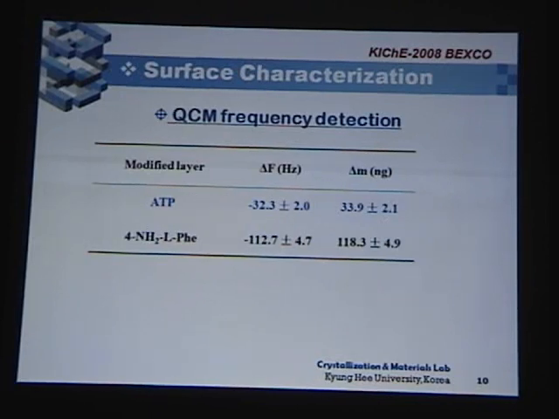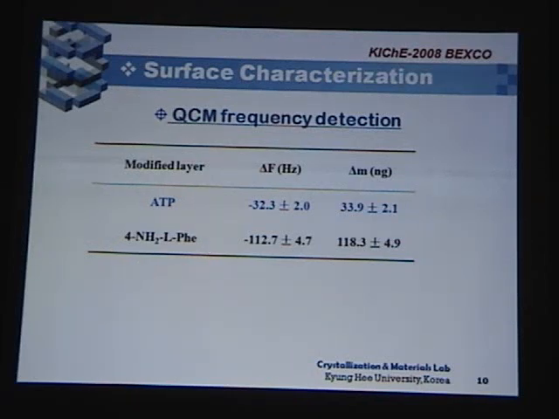The modification of the QCM sensor surface was characterized by several methods. This is the QCM frequency detection results. From here we can see the frequency decrease and the mass increase after each modification step.